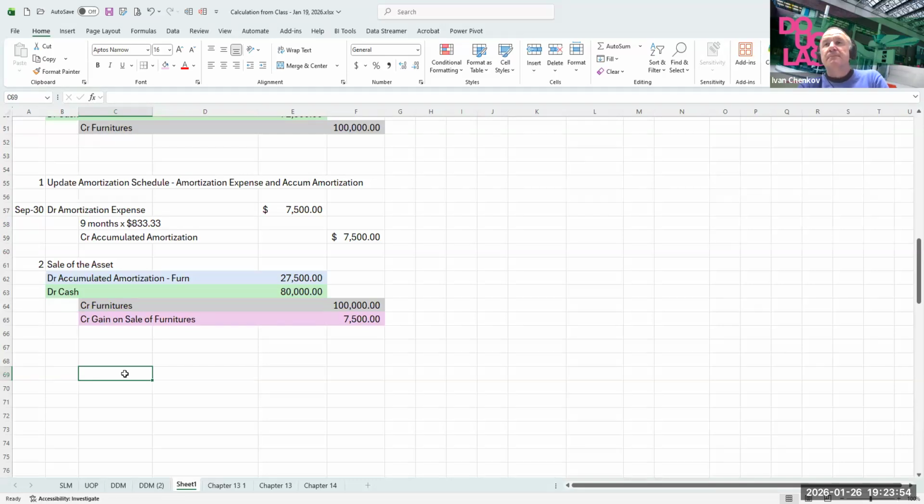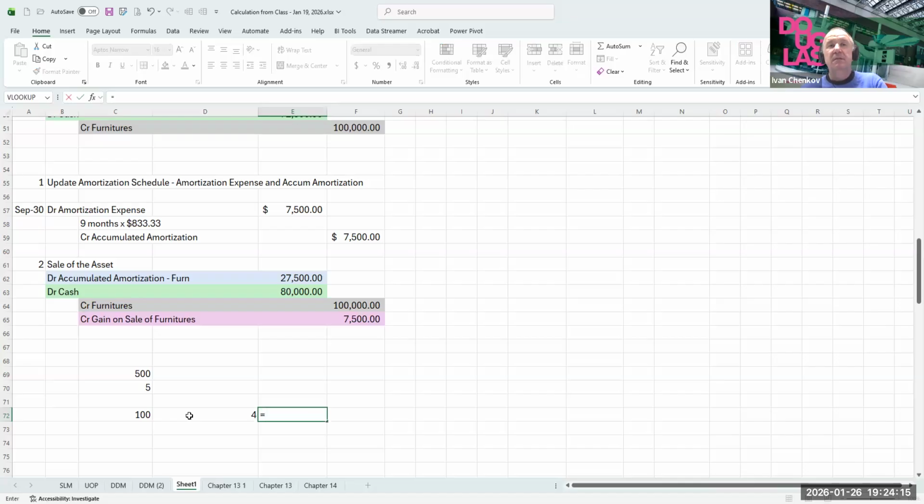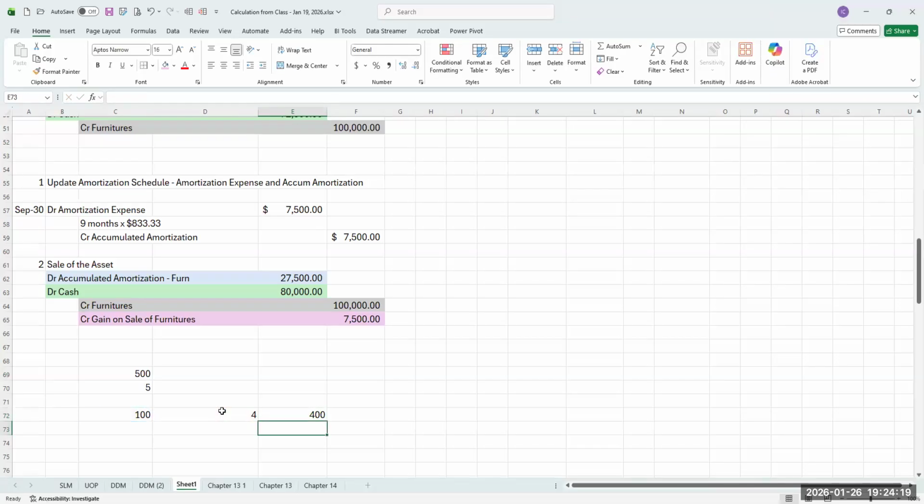So we have $500 for the vacuum cleaning machine, right? I'm planning to use it for 5 years. That means I have to amortize. It's going to transfer $100 every year. I use it for 4 years. How much have I amortized at this point? 400.